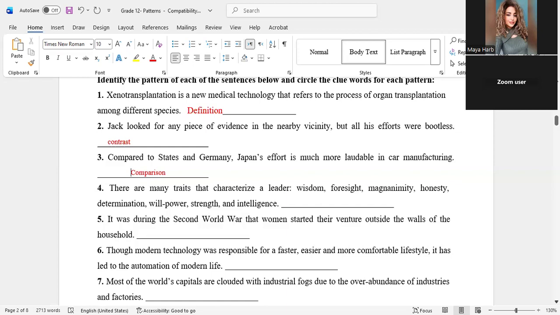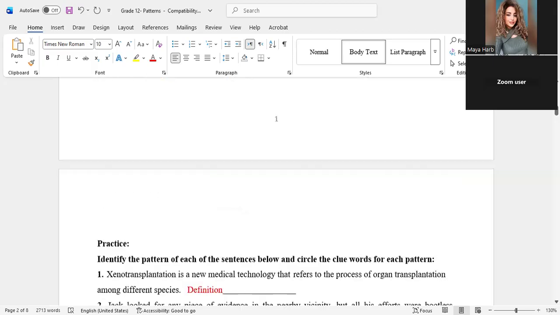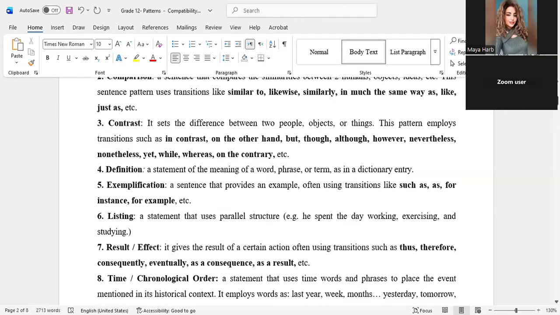What's the pattern here? Let's go back to the types. Look at the screen, it's easy.